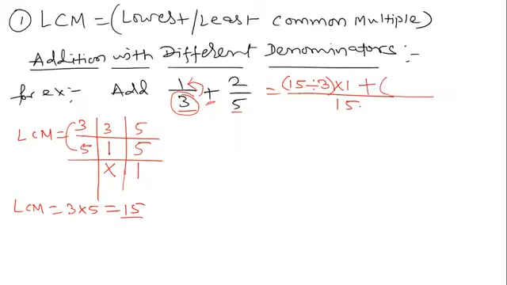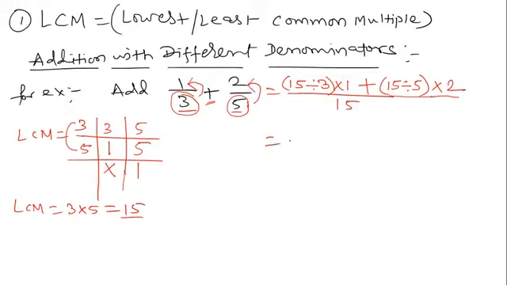Then next step, again write the denominator, common denominator is 15, put division sign and take the second denominator 5. Close the bracket, then multiply by its numerator. Multiplication sign and write here 2.